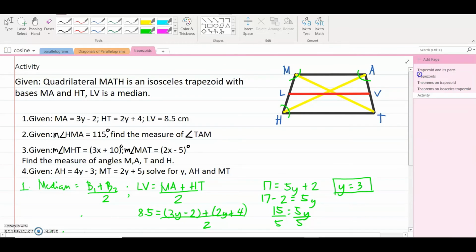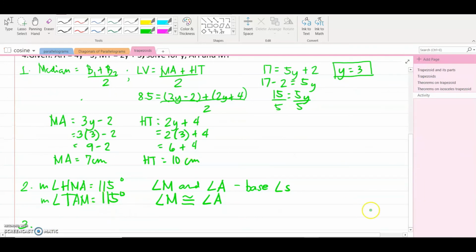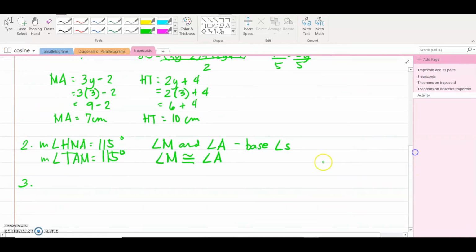So let us write down 3x plus 10 degrees plus 2x minus 5 degrees is equal to 180 degrees.